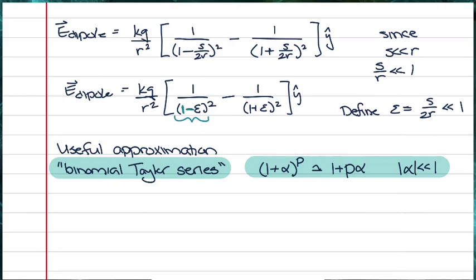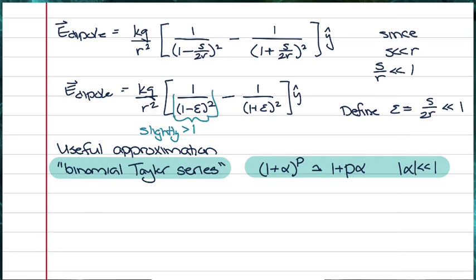But I'm subtracting something from 1. So the denominator is less than 1, which means this entire fraction is greater than 1. So I expect that this entire thing is slightly greater than 1.